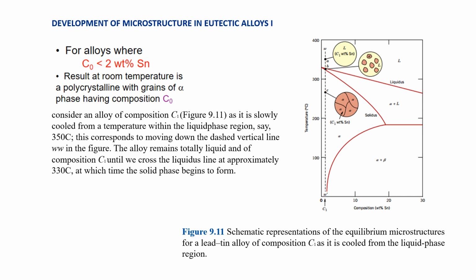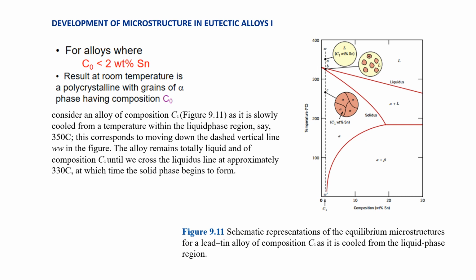Development of microstructures in eutectic alloys. Depending on composition, several different types of microstructures are possible for the slow cooling of alloys which belong to binary eutectic systems.